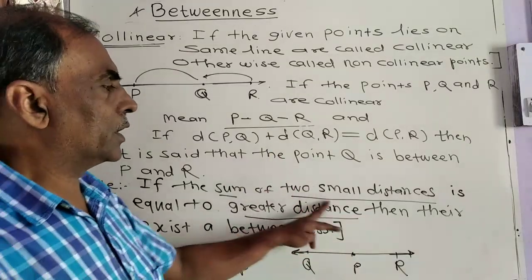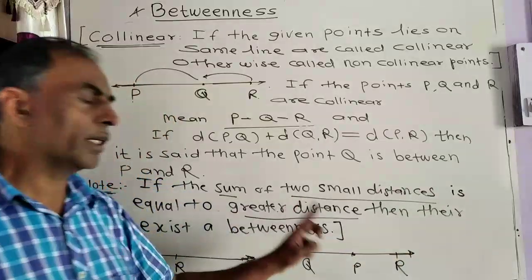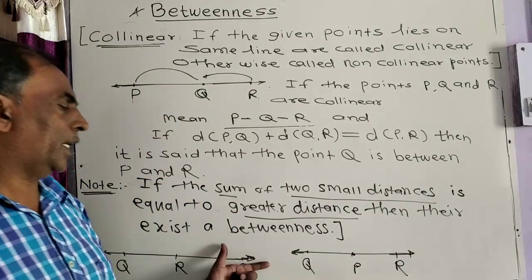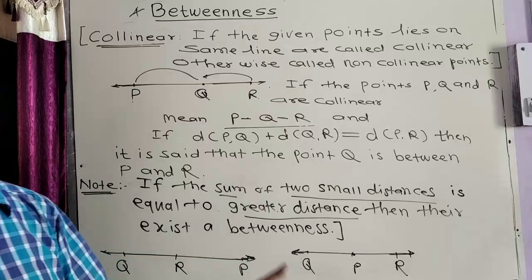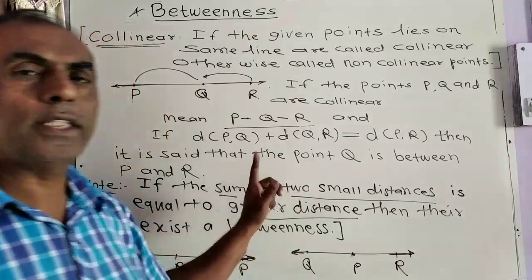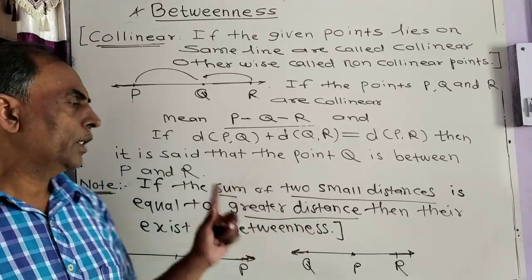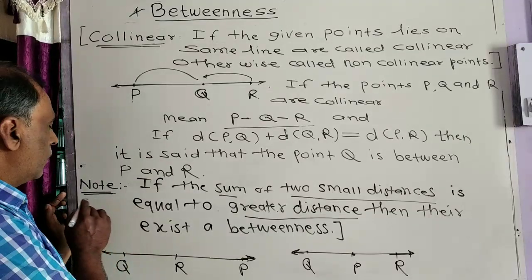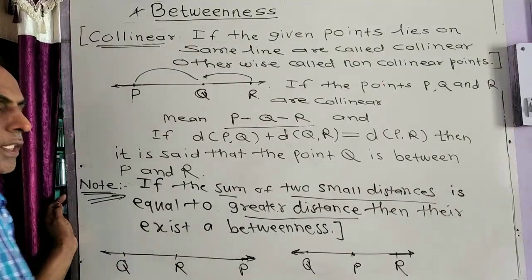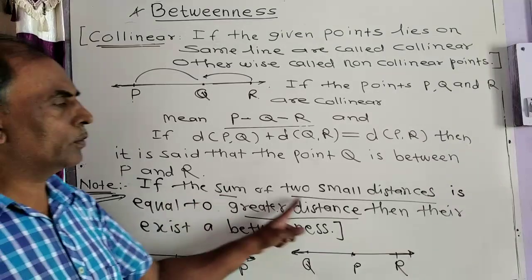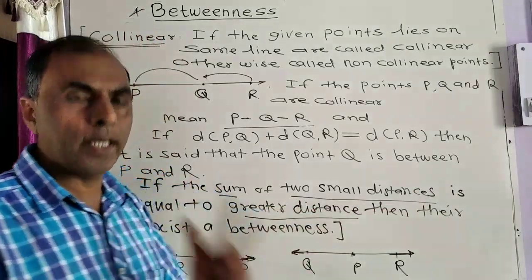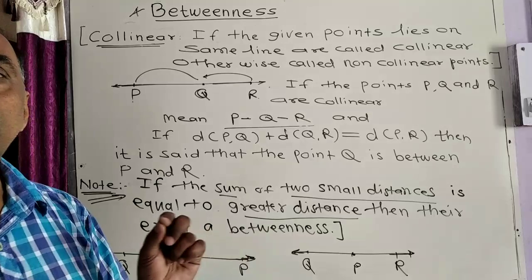And then we say which point lies between the remaining 2 points. So to determine the betweenness, we use this concept: if the sum of the 2 small distances is equal to the greater, then there exists a betweenness.